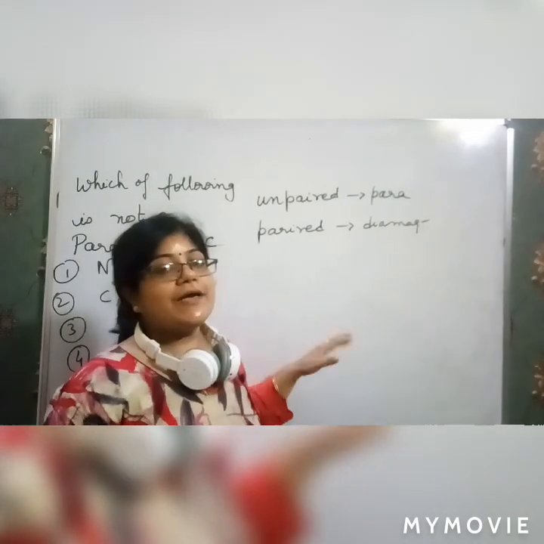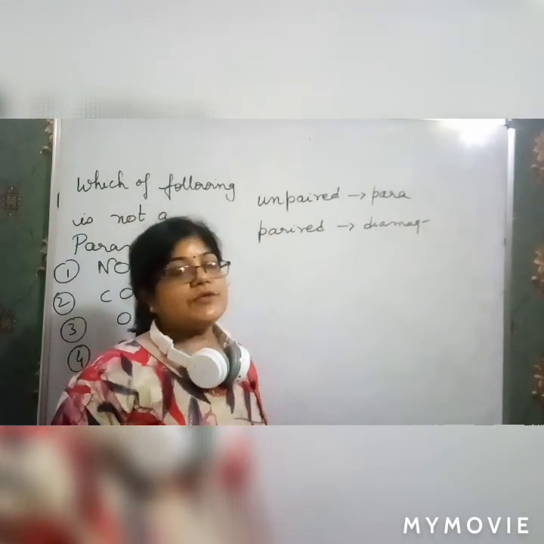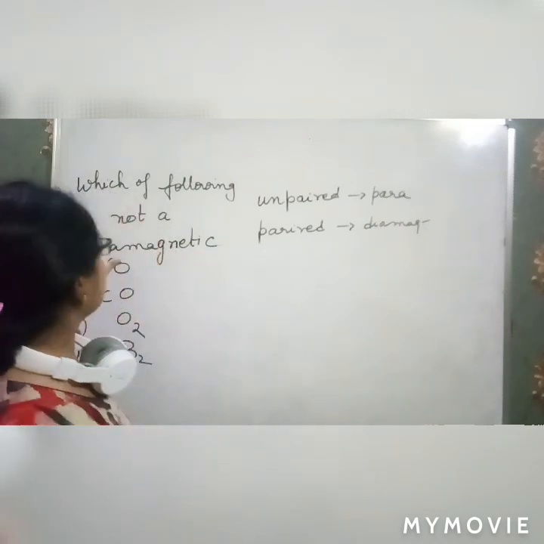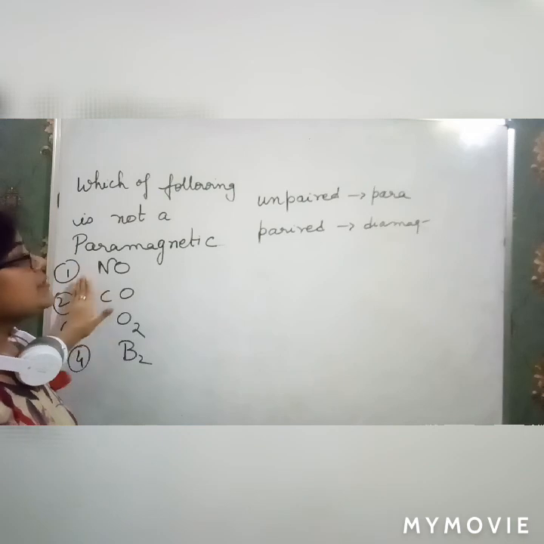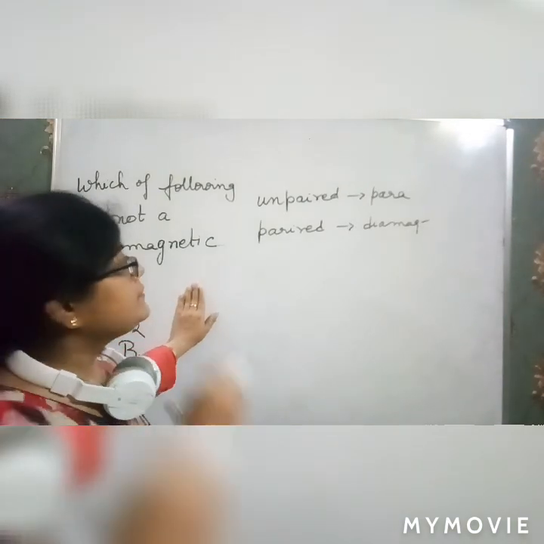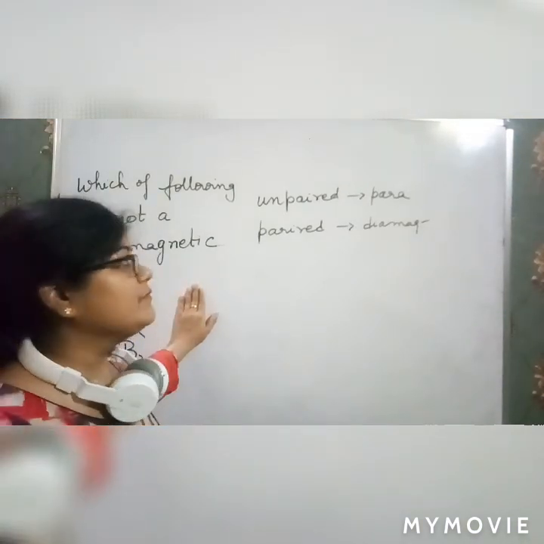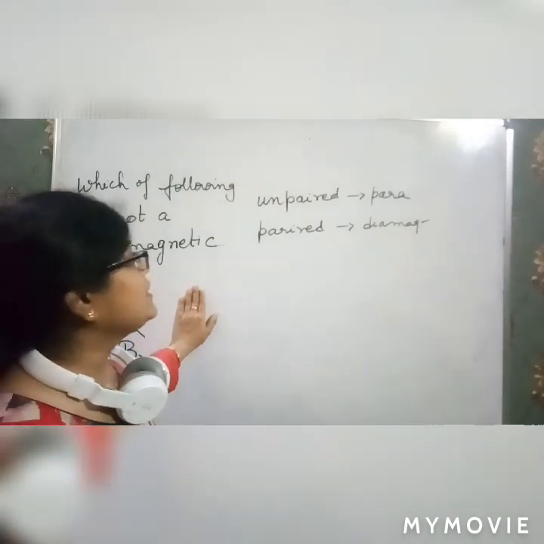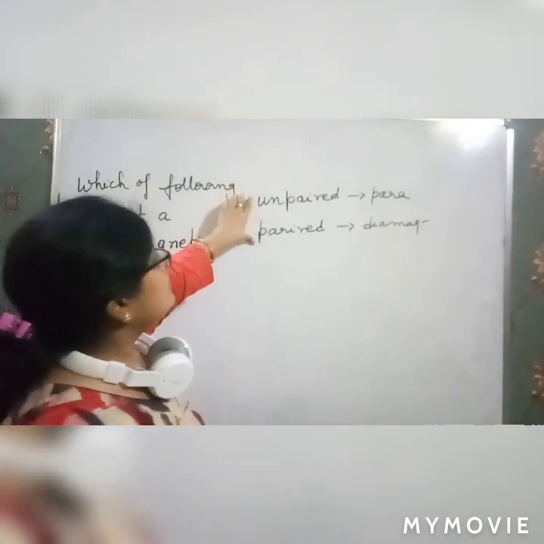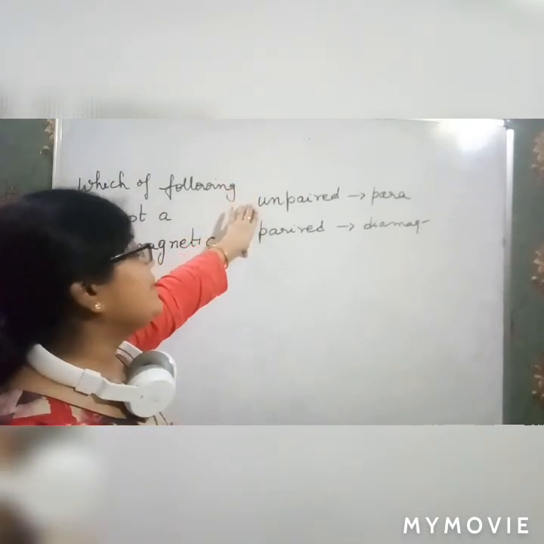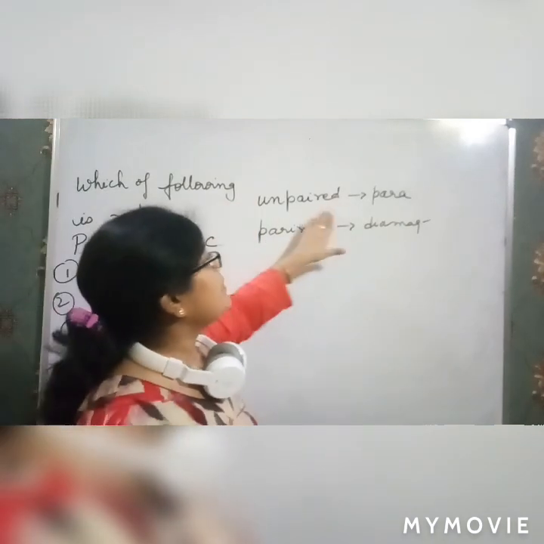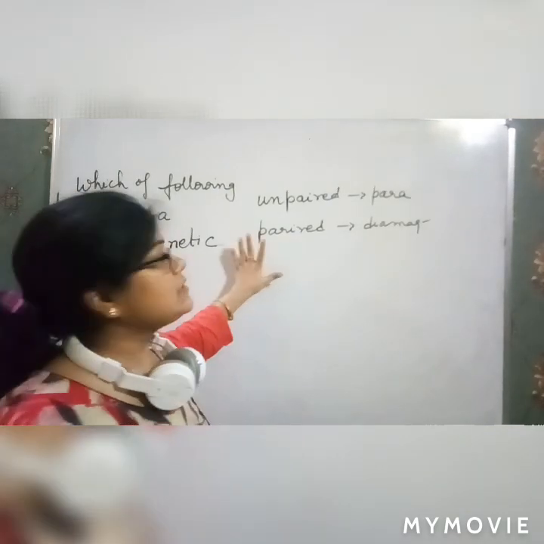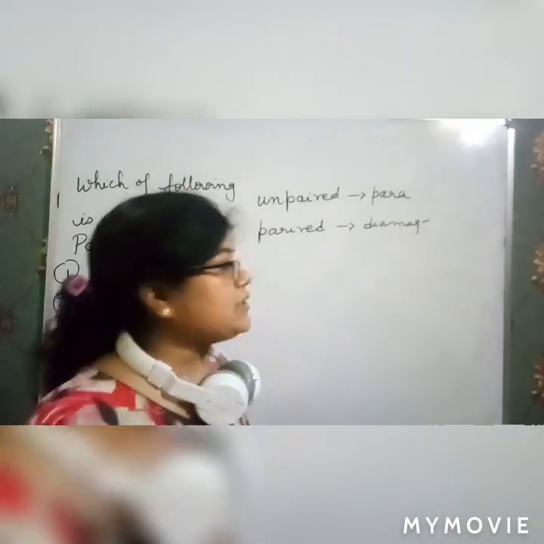I made a separate video for that and will give the link in the description box of this video later. But in this question I just explain how we will find whether the particular species is paramagnetic or diamagnetic. I will make one more video and will give you the link of that video in the description box later. Okay. So for the paramagnetic species, we have unpaired electrons present in them, and for the diamagnetic we have paired electrons. This is the most special thing.